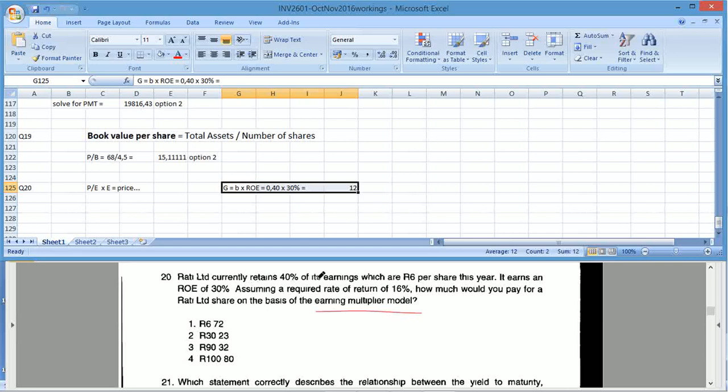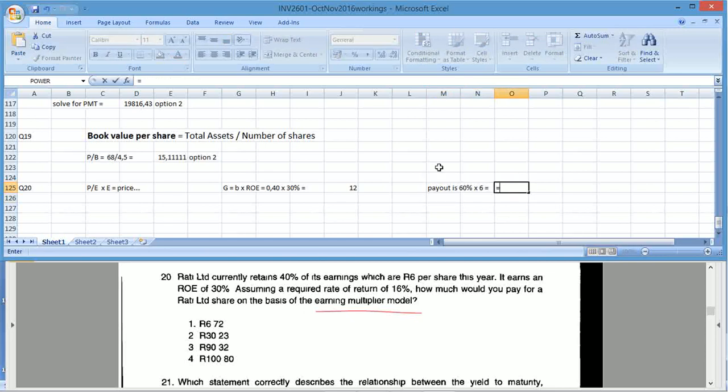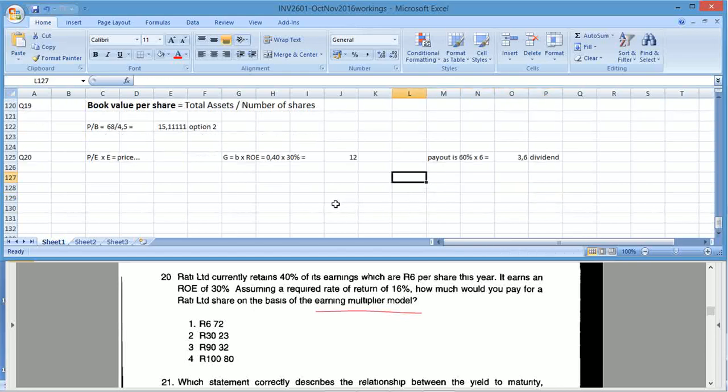They say currently retains 40% of its earnings, which are 6 Rand per year. So obviously payout is the 60% times the 6 Rand, which would equal your dividend. That's the dividend that you're paying out.